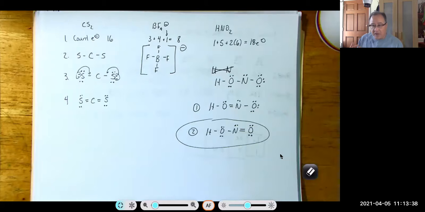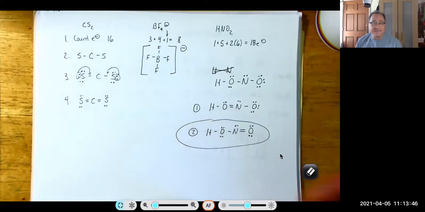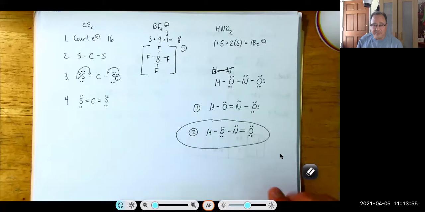So why can it make 3 and 1? Well, because you can still have an octet, but it's not as stable. So between these 2, this is the most stable. This is the one you choose.